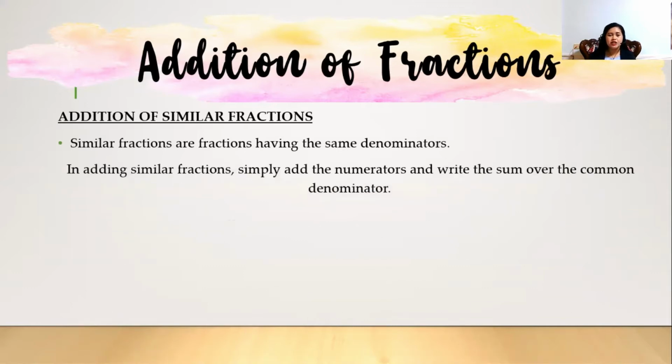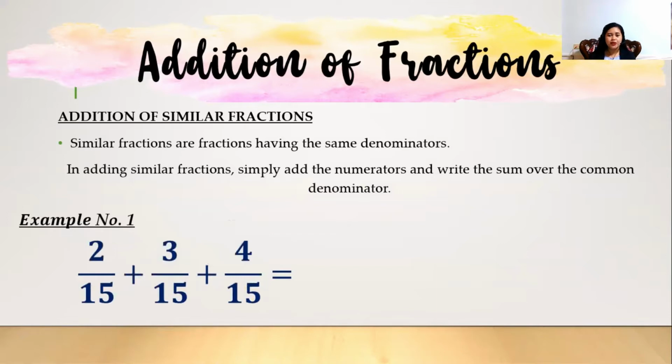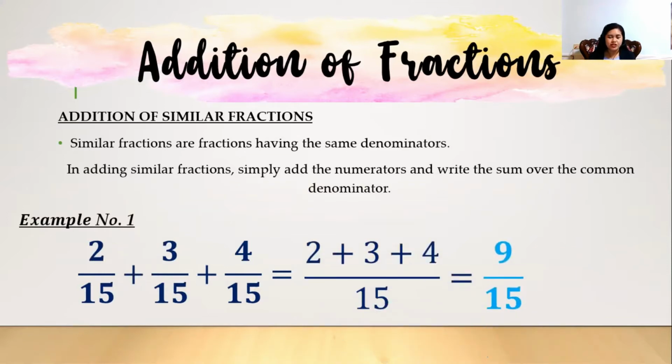So in adding similar fractions, we can simply add the numerators and then write the sum over the common denominator. Let's have this for example. We have here 3 fractions having the same denominator, which is 15. These kinds of fractions are what we call similar fractions. In adding these, we can simply copy the denominator and add the given numerators.